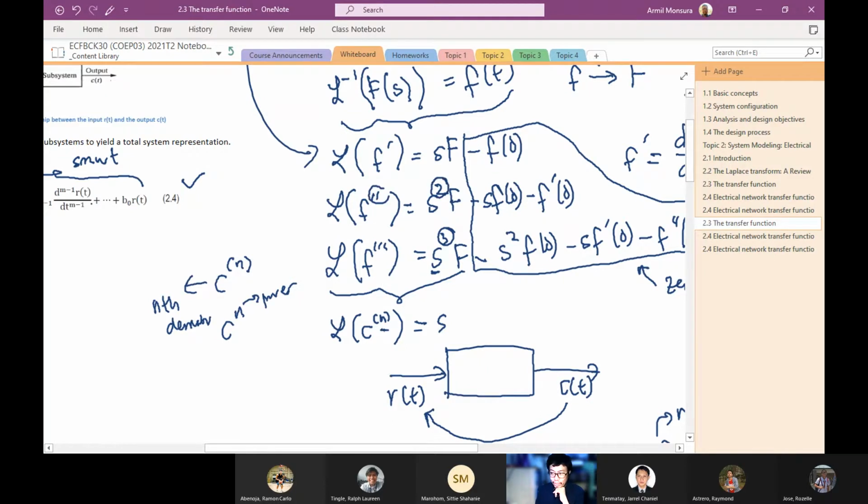So how about here? If this is the nth derivative, what should the exponent of s be?